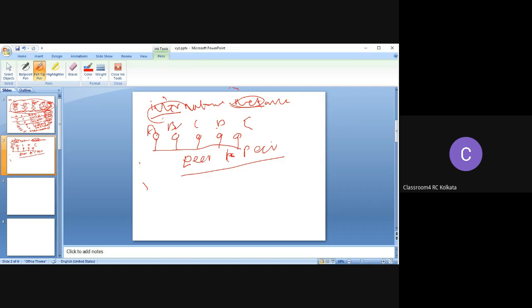For this, one student was the monitor, who controls all of the students. Can you remember it? Class monitor. Suppose the number of students increases to 100, then you require 2 monitors.